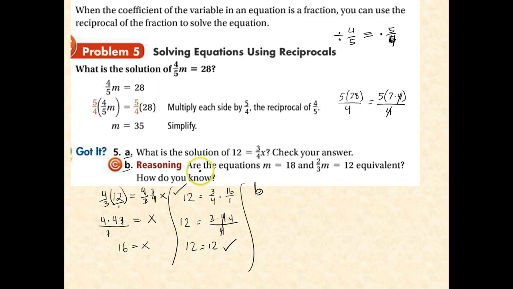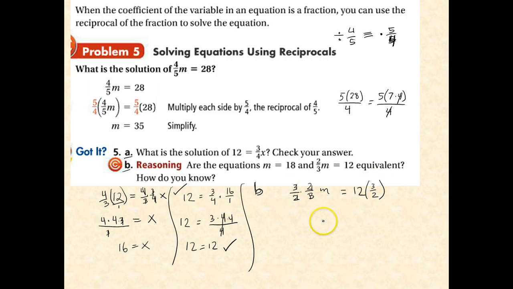So for B, are the equations m equals 18 and 2/3 m equals 12 equivalent? Well, there's one way I could figure this out. I could solve the equation 2/3 m equals 12 for m by multiplying both sides by the reciprocal, so times 3 over 2.